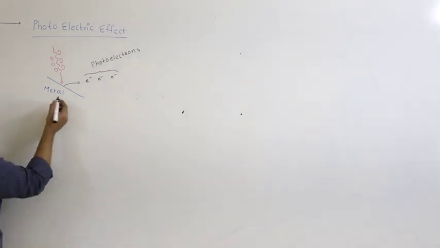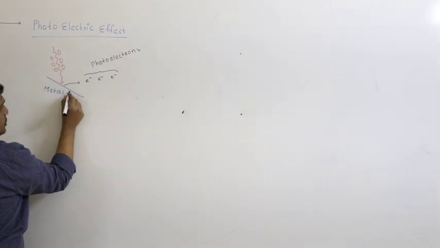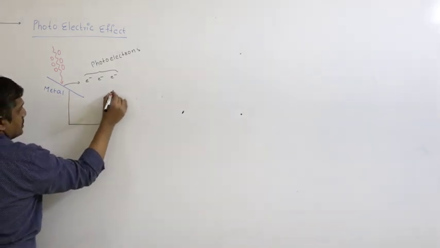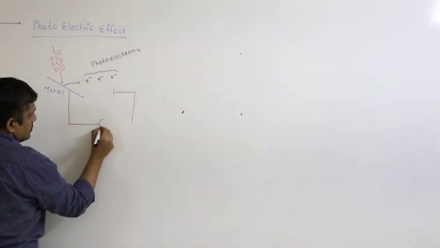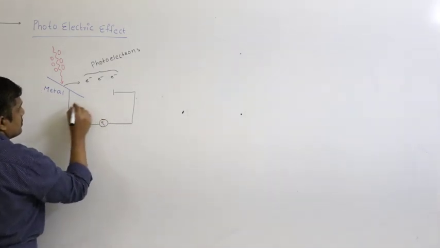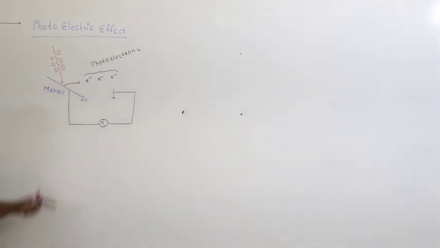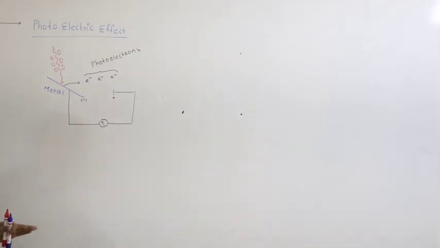Or if you connect it to a circuit, this is how we do it. So electrons flow through the circuit. Here we measure the current, right?